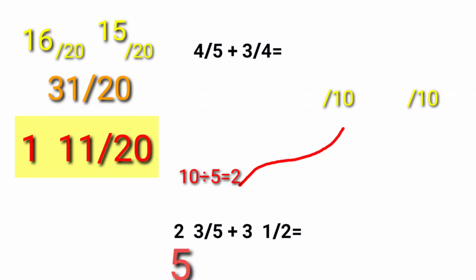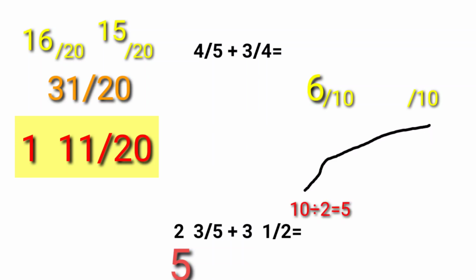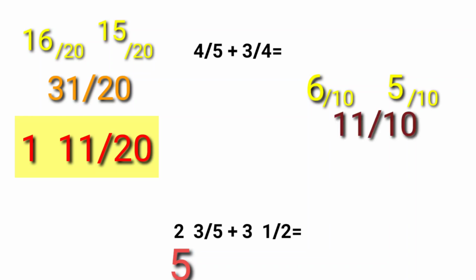Multiply ulit natin sa numerator. 2 times 3. 6. Ganun ulit sa kabila. 10 divided by 2 is equals to 5. Multiply ulit sa numerator. 5 times 1 is equals to 5. Then, add 6 plus 5, 11. Copy the denominator, 10. So, 11 over 10.